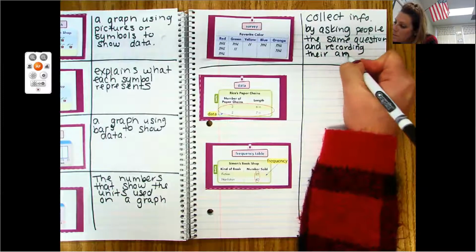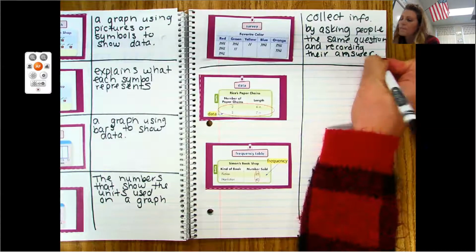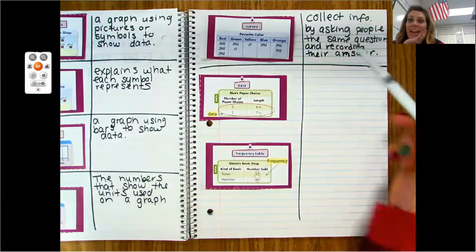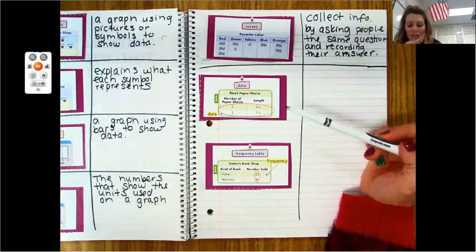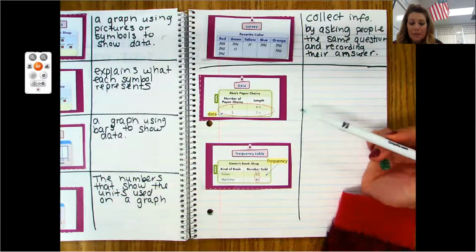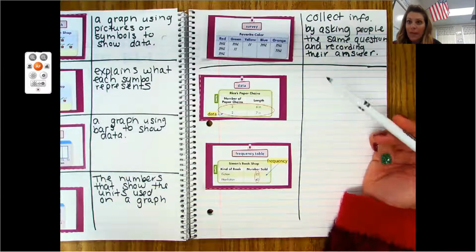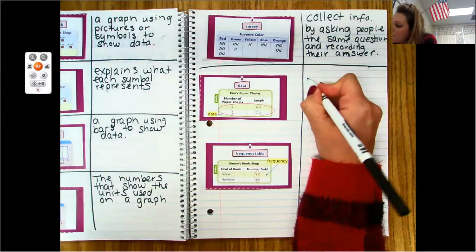Okay, so then after you've collected all that information, that is also called data. It's the piece of information that is collected.